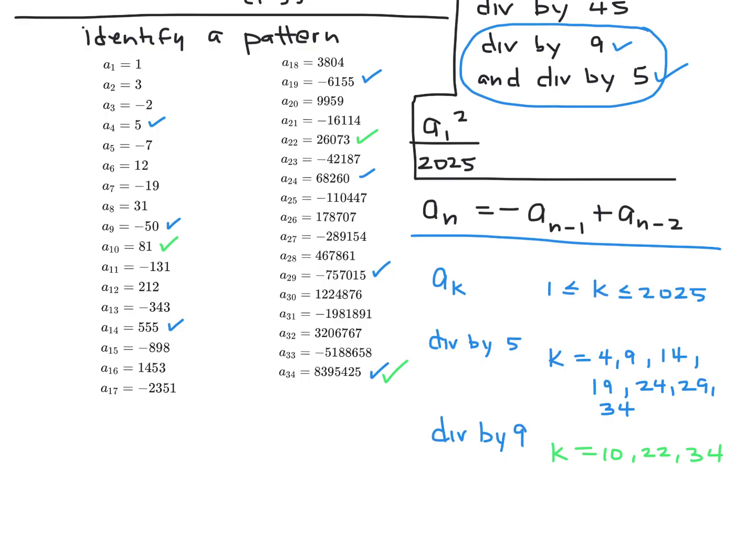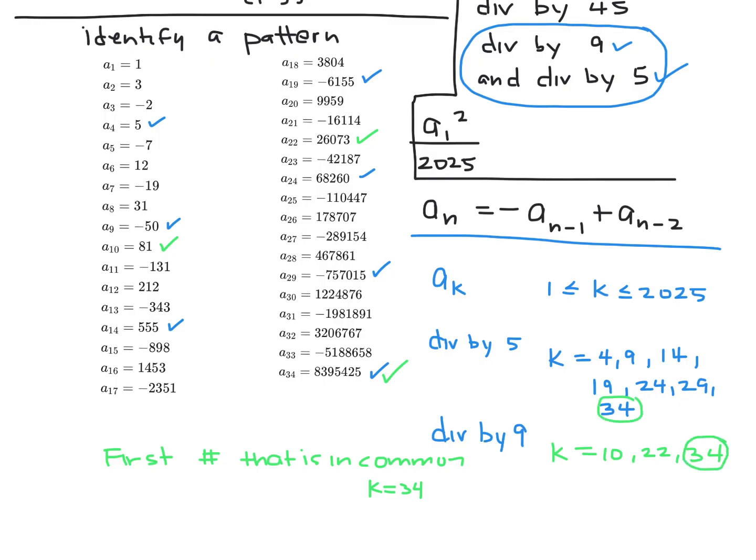Okay, so that's good because we got a common number. The first number that is in common is k equal to 34. See, it's on this list and it's on this list. So that's really helpful.